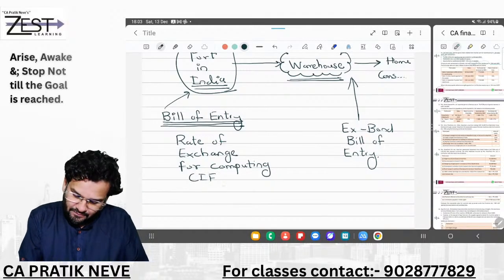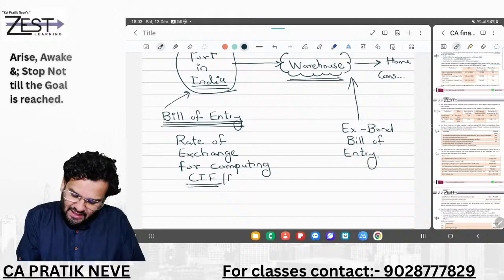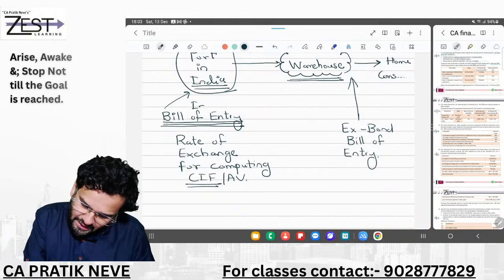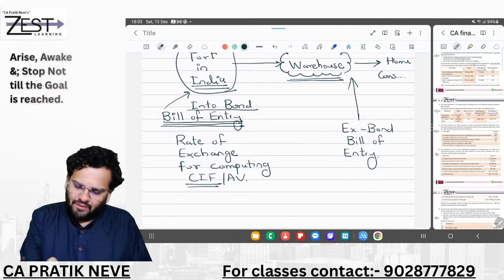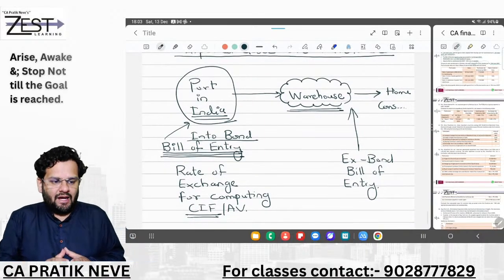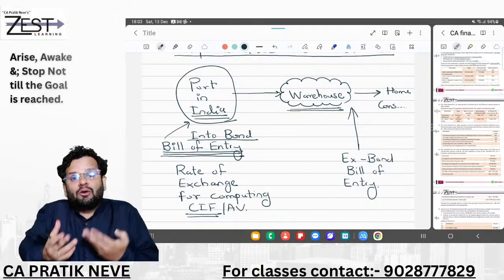Clear? Computing CIF means accessible value. Now, this is also called the into-bond bill of entry, because you are putting the goods in the warehouse and you are entering into a bond for twice the amount of duty.